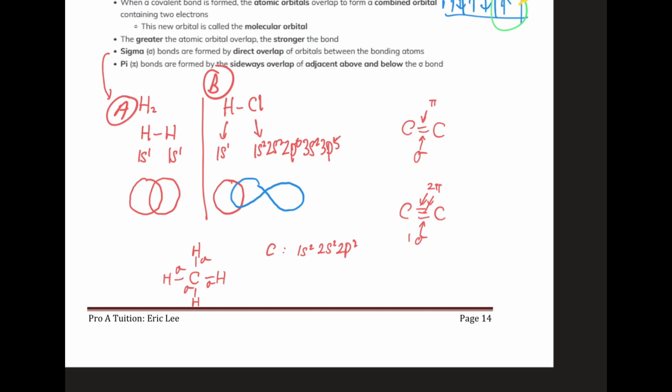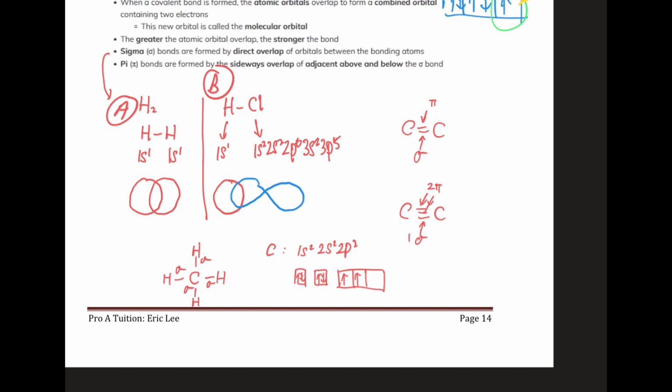If I draw out the orbital diagrams, 1s2, 2s2, 2p2, you will realize that there are only 2 unpaired electrons. How are they going to form 4 sigma bonds?